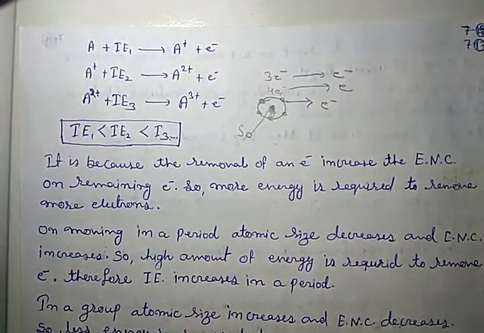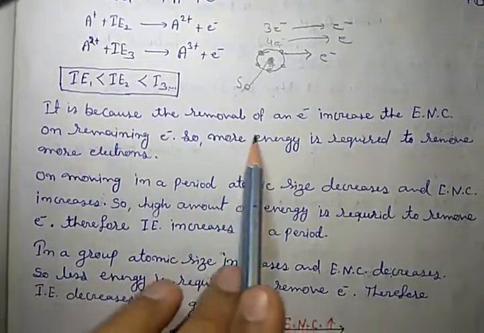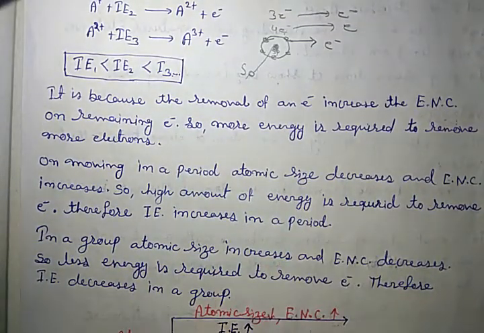Got it? So we can say that the removal of an electron increases the effective nuclear charge on the remaining electrons, so more energy is required to remove more electrons.